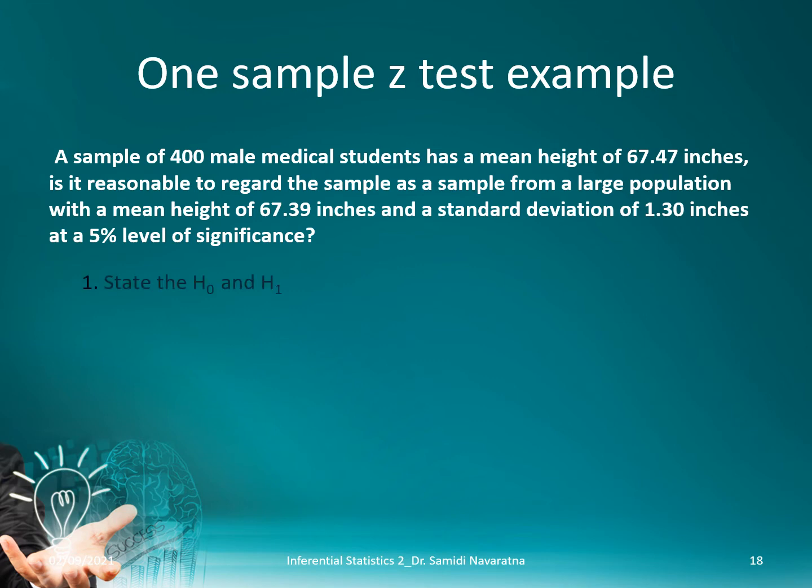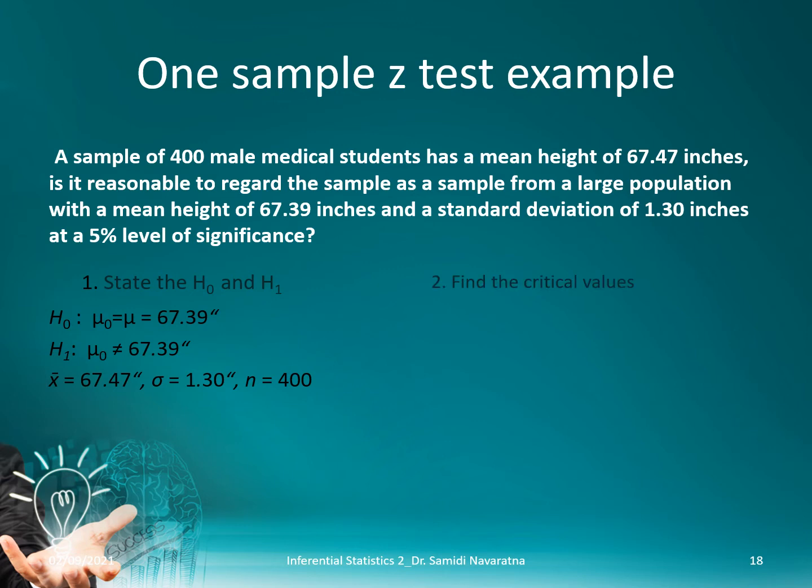The first step is to state the null hypothesis and the alternative hypothesis. The null hypothesis is mu0 equals mu, that is 67.39 inches. The alternative hypothesis is that mu0 does not equal 67.39. And these are the statistics that we are going to use for the computation.